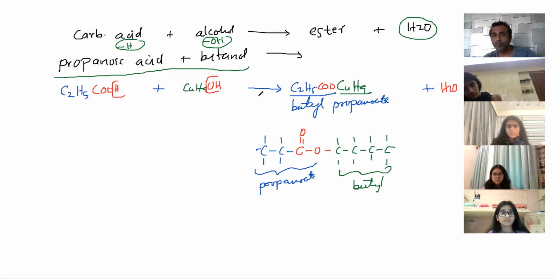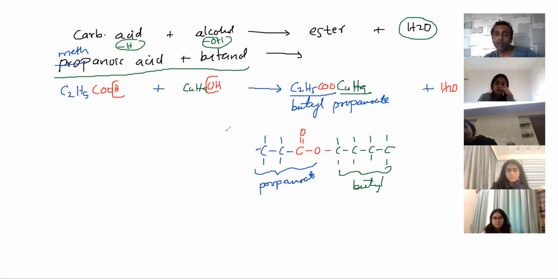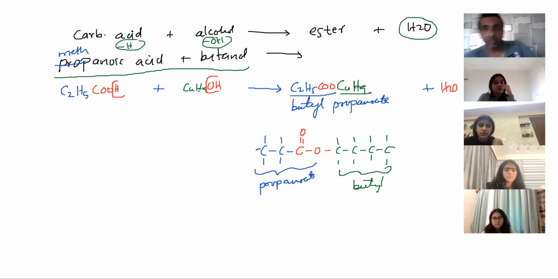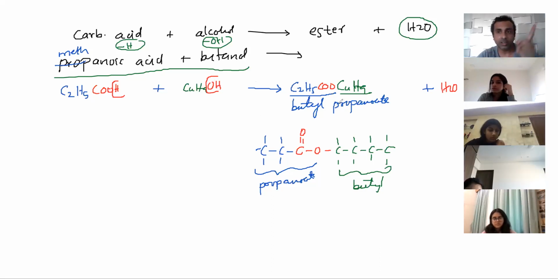So that's very obvious. If suppose instead of propanoic acid, if I would have used methanoic acid, then what would be my product? Which word would change if I change the acid then? Methanoate. Yeah, the second word will change. Remember, acid changes, the second word changes.